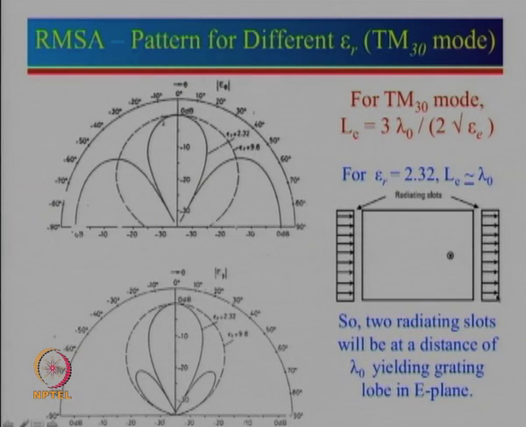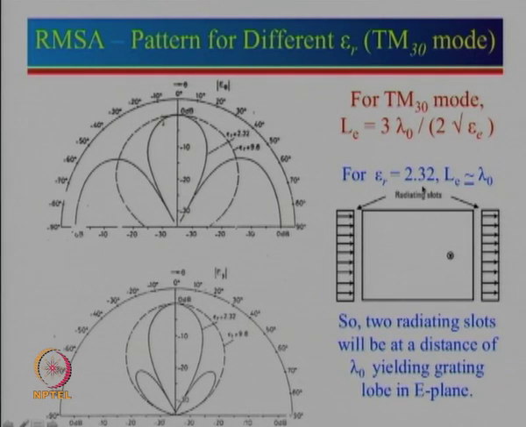We have one radiating slot here, another radiating slot and the separation between them is lambda 0, and from array theory we had seen that if the separation between the two antennas is lambda 0 then there will be grating lobe. So, what we see here, this is the maximum radiation, it comes to 0 and then we have another radiation. So, that is nothing but grating lobe in this direction and the grating lobe is in this direction.